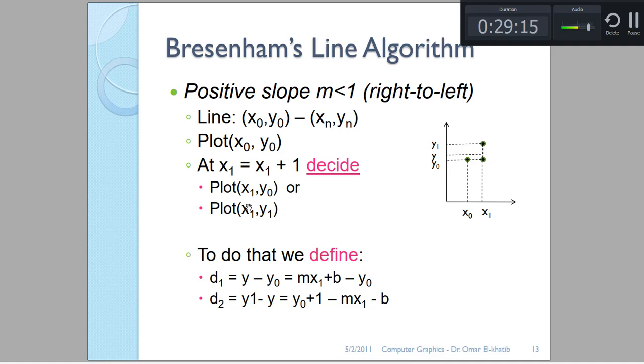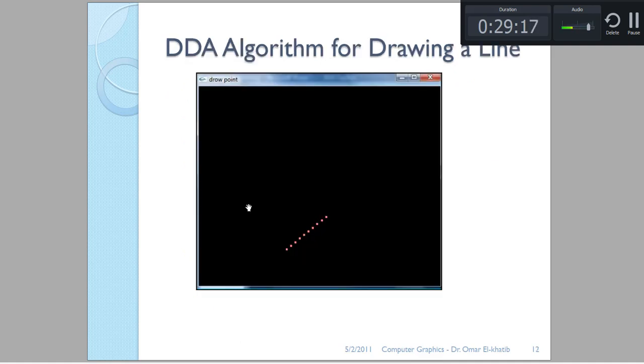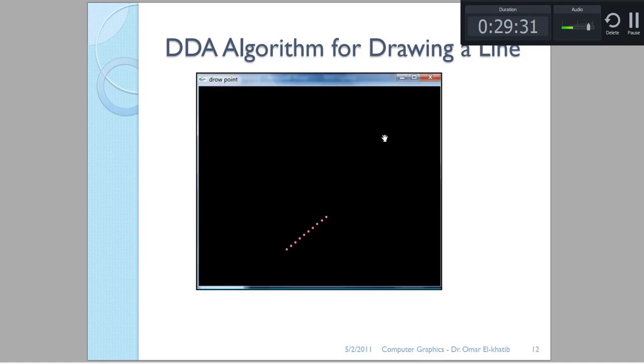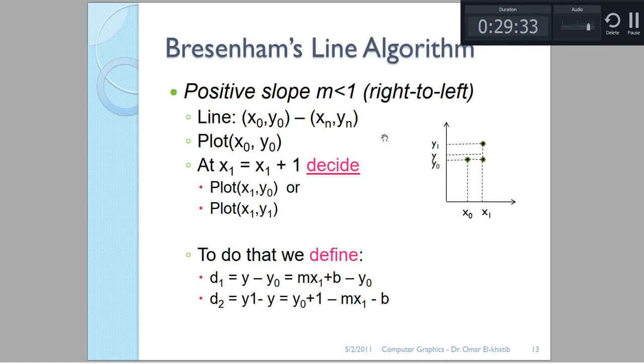The actual point value will depend on m. For example, here the actual point was 10.8, but we used 11. We just considered it as 11 without thinking further. But here this is slightly changed, and we will see how it works.